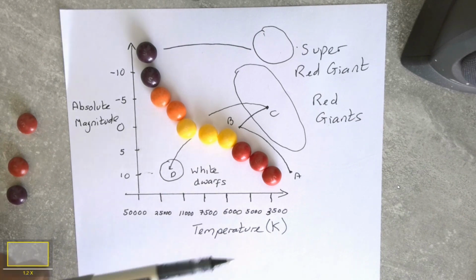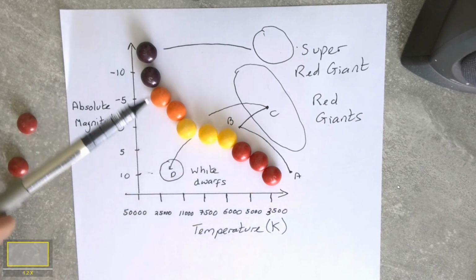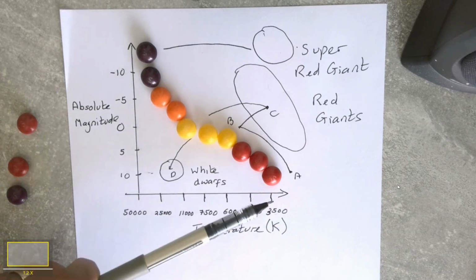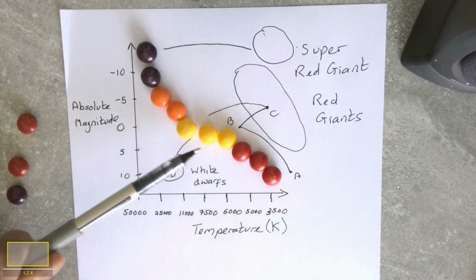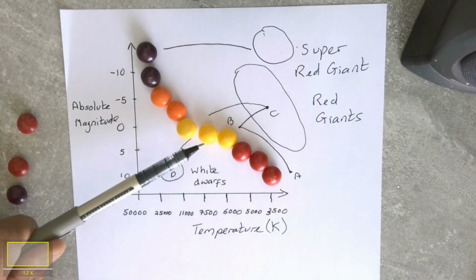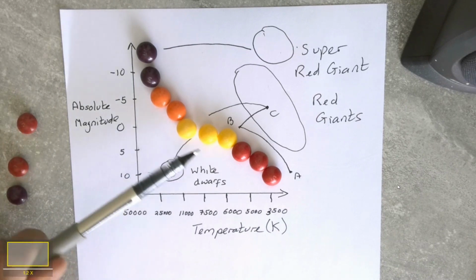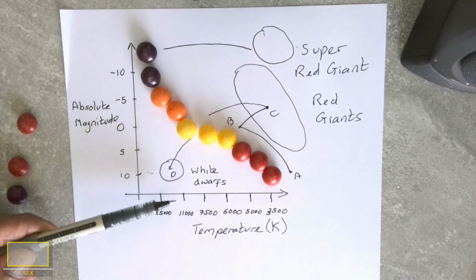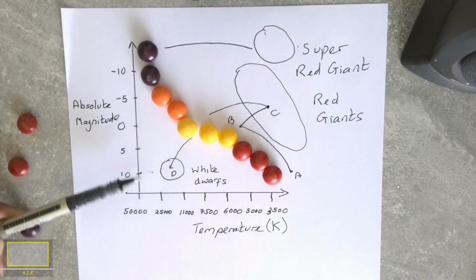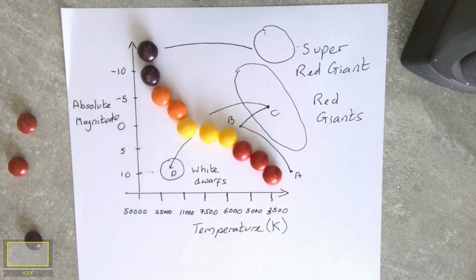So this really is a useful chart, and as I said, 95% of stars would sit in this area here, and all of these stars are in their main sequence. If we detect a star with a certain temperature and a certain absolute magnitude, and it fits in this region, we know that it's in its main sequence. And if we detect something which is very cool and not very bright, we can with great certainty say that it is a white dwarf.